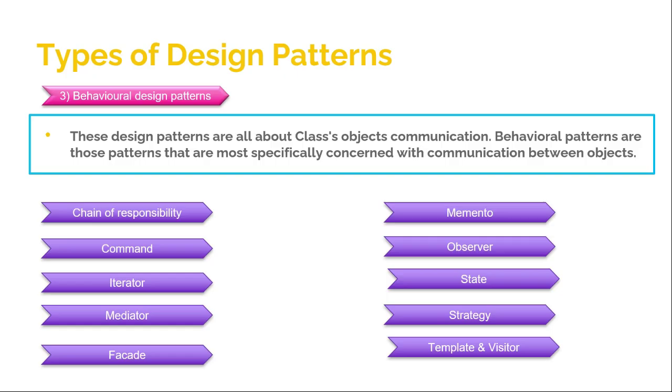That is very important. For these kinds of problems, behavioral design patterns will be very useful. There are different types of behavioral design patterns: chain of responsibility, command, iterator, mediator, memento, observer, state, strategy, template design pattern, and visitor design patterns.